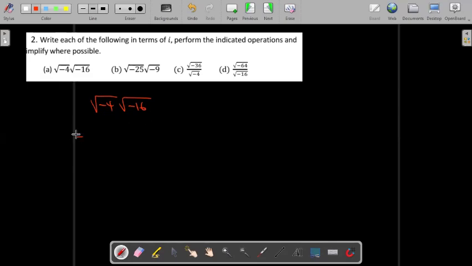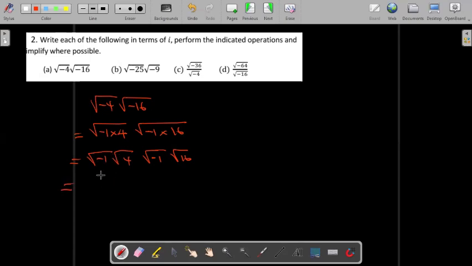You can simplify this by saying -1 multiplied by 4, and on the other one, -1 multiplied by 16. Then I can separate them to say root of -1 times root of 4, then root of -1 times root of 16.